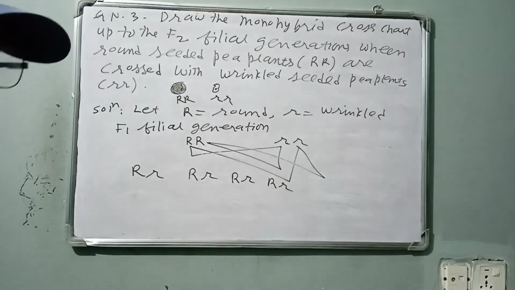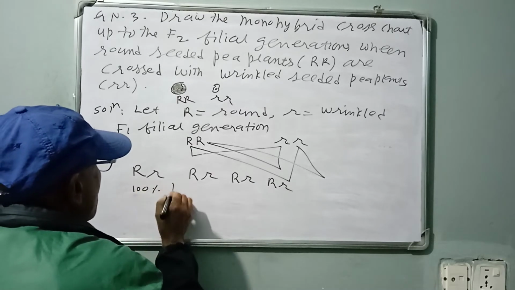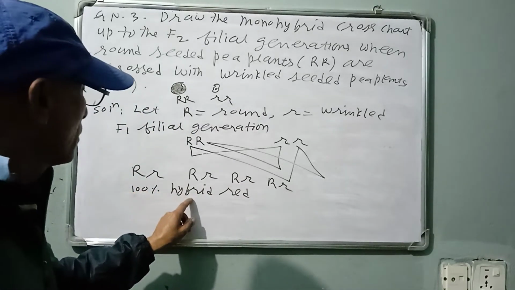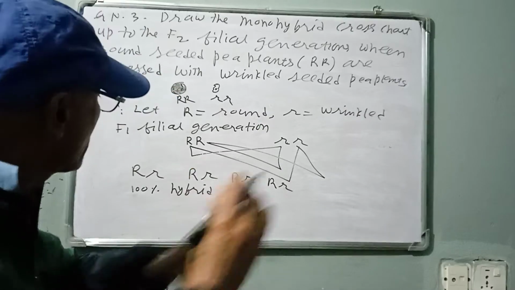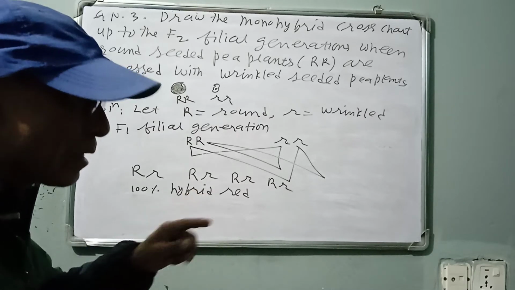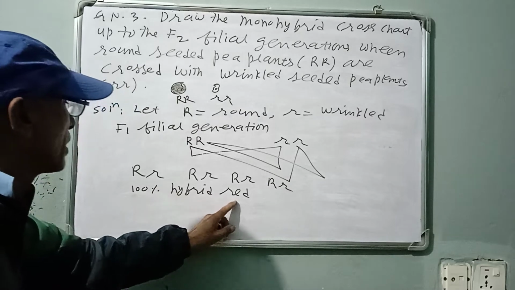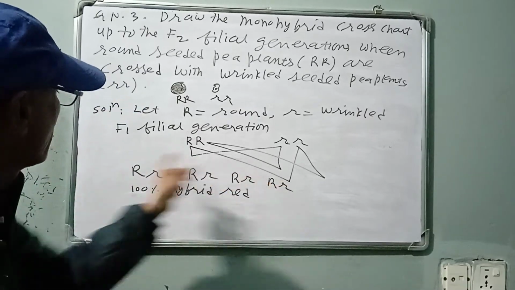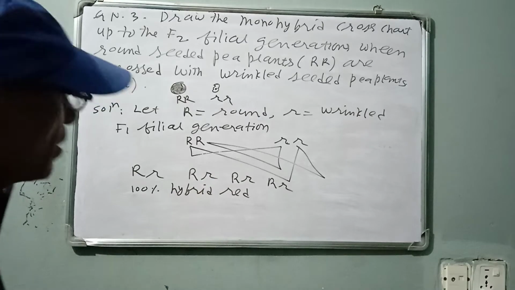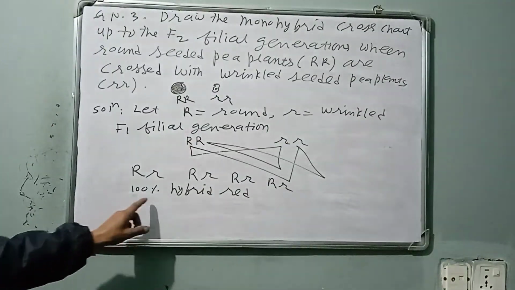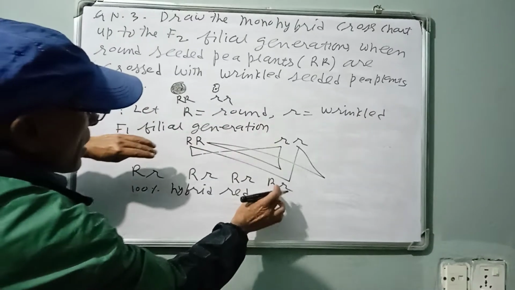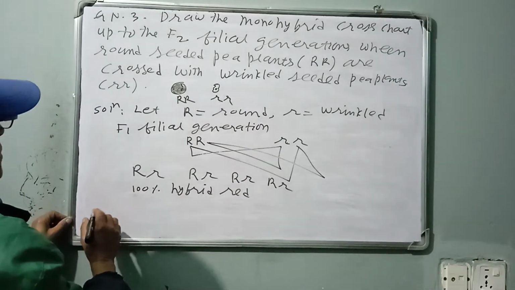This is called the 100% hybrid rate. A hybrid is an organism formed from two genetically different organisms belonging to the same species. 100% hybrid rate means all are externally red, but actually they have dominant and recessive characters.